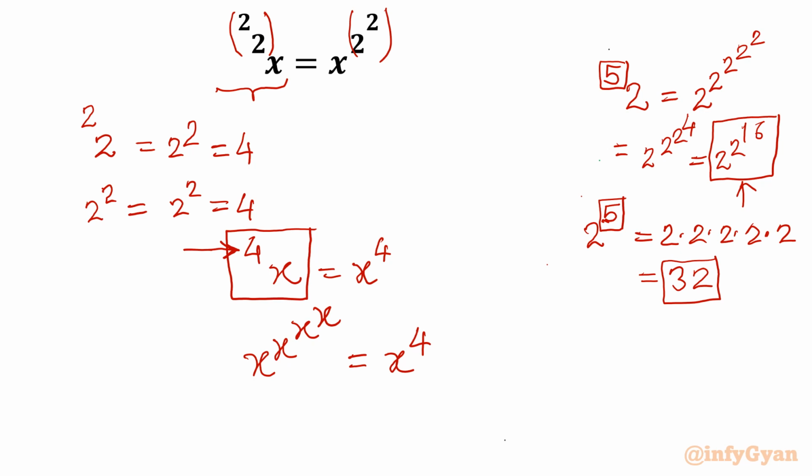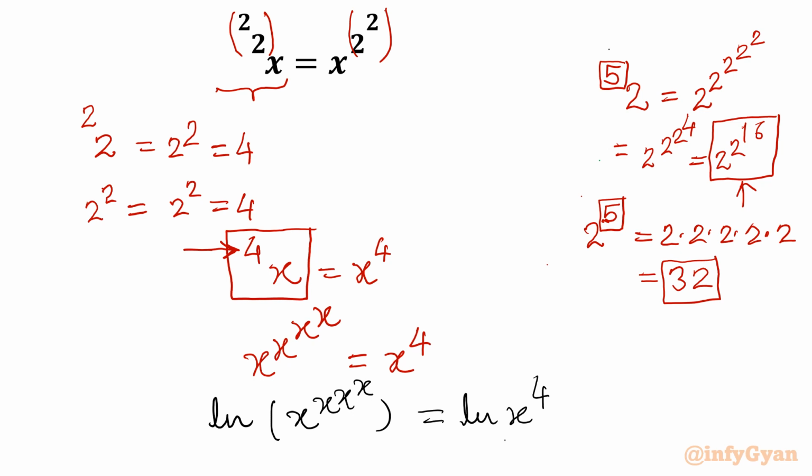Now we will take log both sides. Let's take ln or natural log both sides. So let me write ln of x power x power x power x equal to ln x power 4.